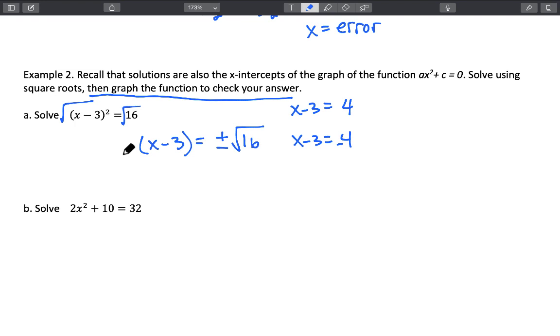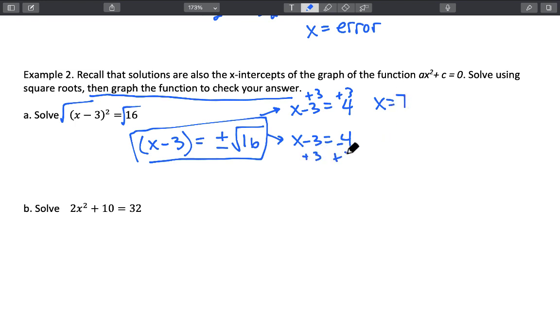So when we undo that square by taking the square root, we have to allow for both the positive and negative outcomes, and that's going to lead us to our two solutions. x minus 3 equals 4, so now if I add my 3 over, that means x is 7, or when I add my 3 over here, I'm going to have x equals negative 1.